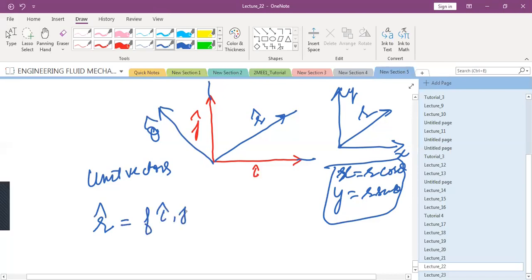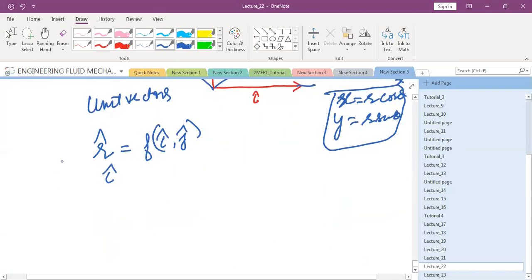I cap and j cap, or alternatively I want to write down I cap. So I have two conditions now. I want an answer from your side. I want to write down r cap and theta cap as a function of I cap and j cap.